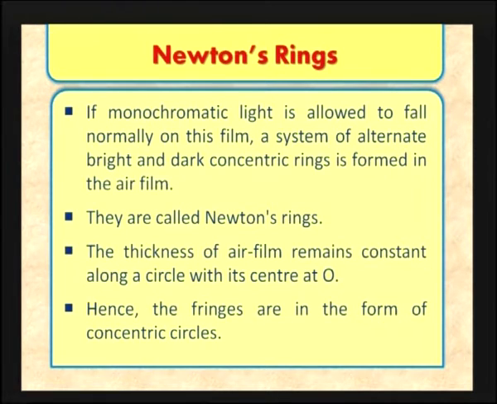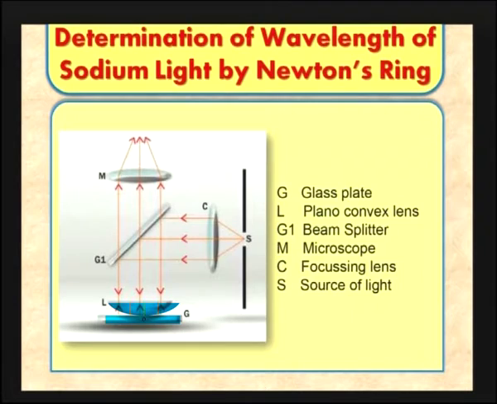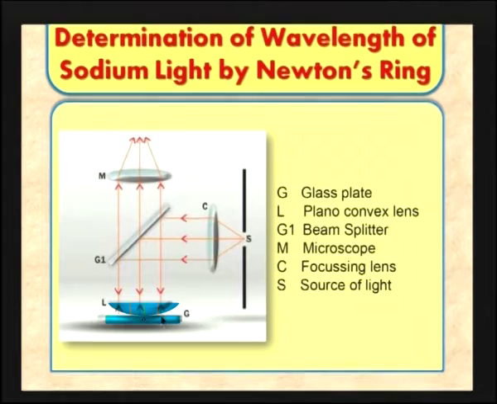The thickness of the air film is 0 at the center, but it keeps on increasing, and depending upon the conditions, as I told you in the case of the air wedge also, for a thickness t_m you get a dark band, and for t_(m+1) you get the dark band corresponding to the (m+1)th band.